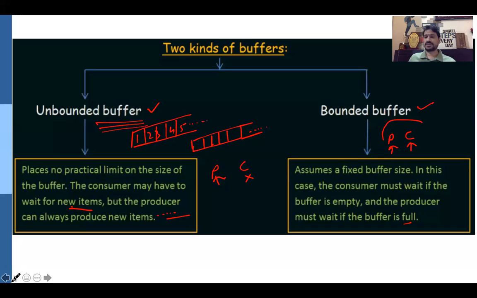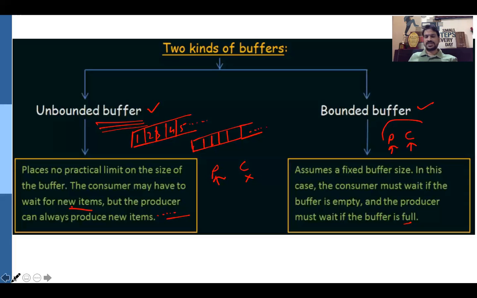Cooperative working is possible in the bounded buffer. In the unbounded buffer, cooperating processes are there, but it is very difficult to make restrictions. So this is about the shared memory concept.